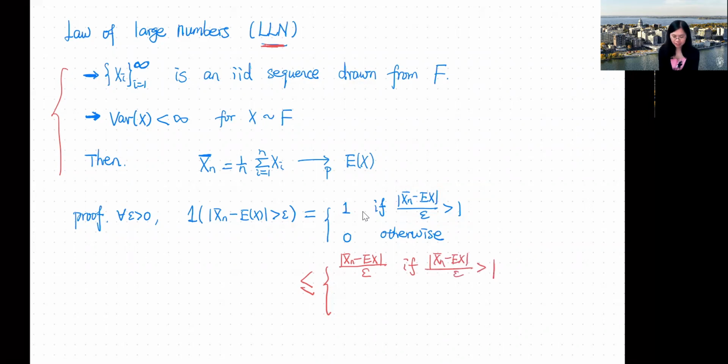That's in the first case, this dummy variable is less than this ratio. In the second case, the dummy variable equals 0. It is also less than or equal to this ratio because that ratio is always non-negative, due to this absolute value sign. So in the second case, this dummy variable is also less than or equal to this ratio.